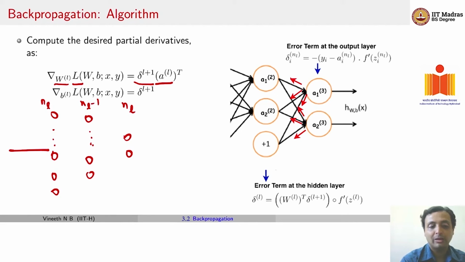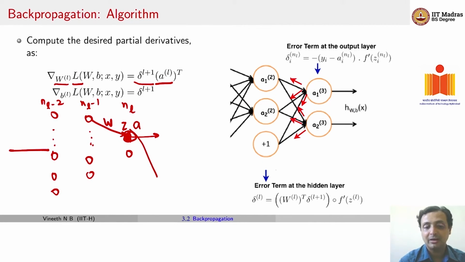This is one before that, N_L minus 2. Now, in the last node in the output layer, let's draw that a little bit bigger. This W is what we want to compute the gradient with respect to, which feeds into Z, and when you apply the activation on Z, it becomes A.